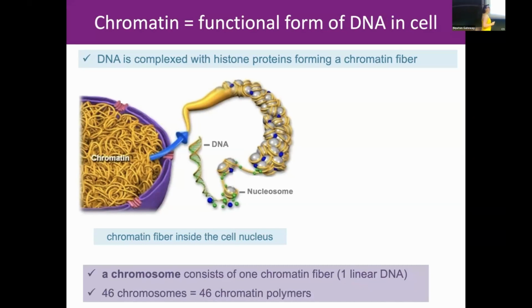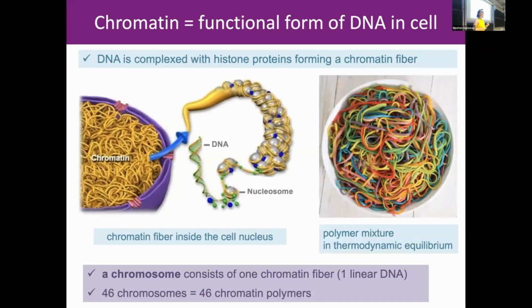Now, I'm bringing here the analogy of spaghettis intentionally, since I want you now to envision that you're cooking 46 spaghettis at home and now color each of them by a different color in your mind and imagine it. Okay, so this is what I anticipate you have envisioned, right? So this is a polymer mixture in thermodynamic equilibrium.